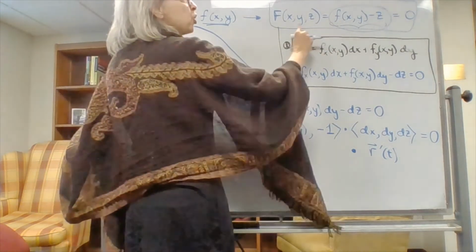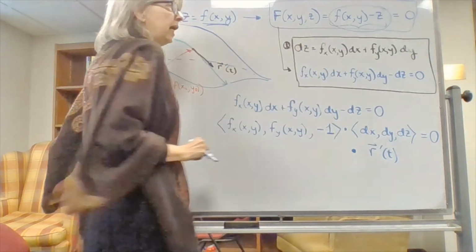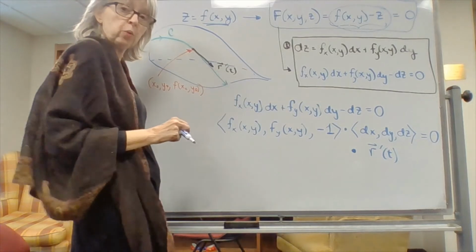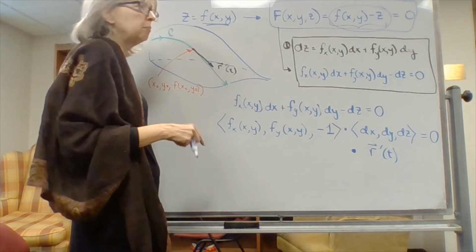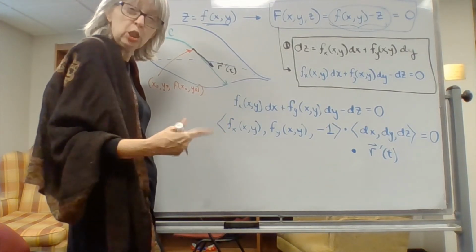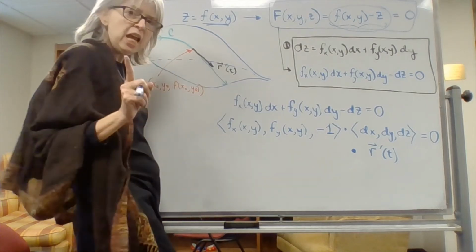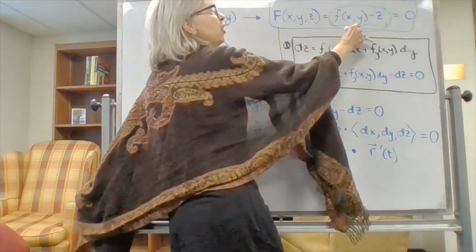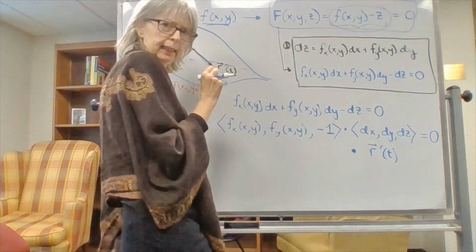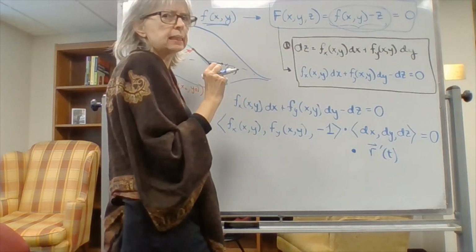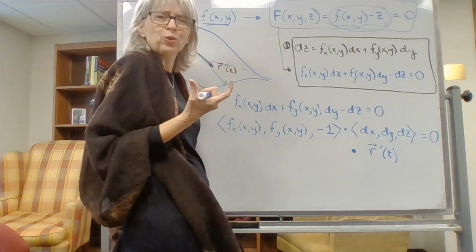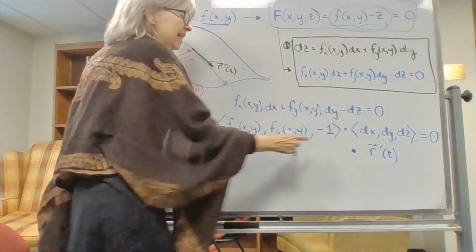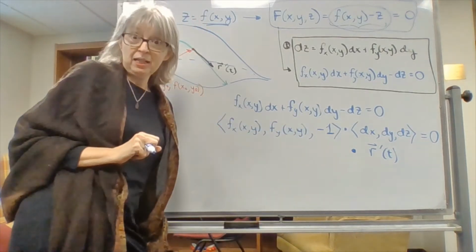When I take the partial of big F with respect to y, I'm going to get the partial of little f with respect to y minus 0 because z doesn't have anything to do with y. And then when I take the partial of big F with respect to z, hey, there is no z in little f, my original little f. So its whole derivative with respect to z is 0, but the derivative of minus z is minus 1.